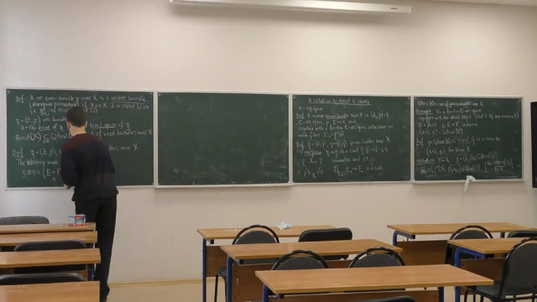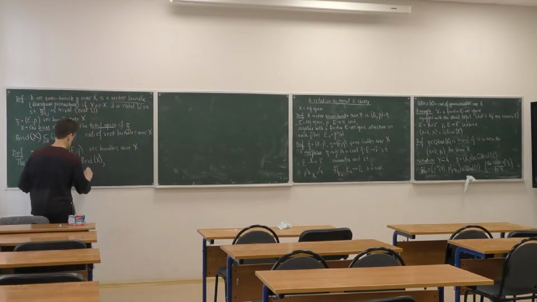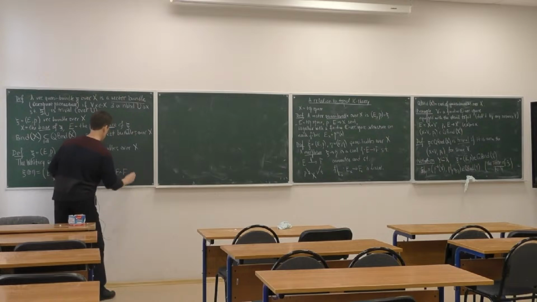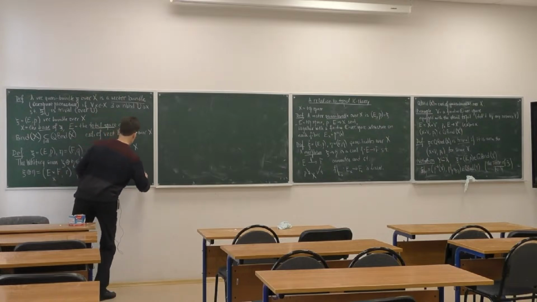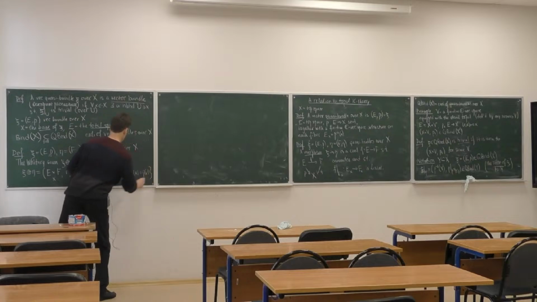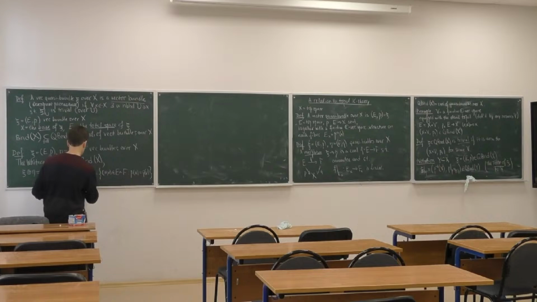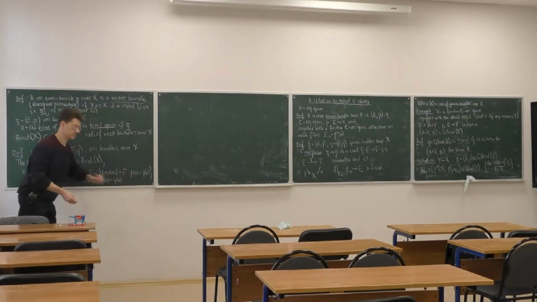The fibered product of E and F is by definition the set of those pairs (u, v) in the product such that p of u equals q of v. And the projection R takes every pair (u, v) to p of u, or equivalently to q of v, because they are equal.